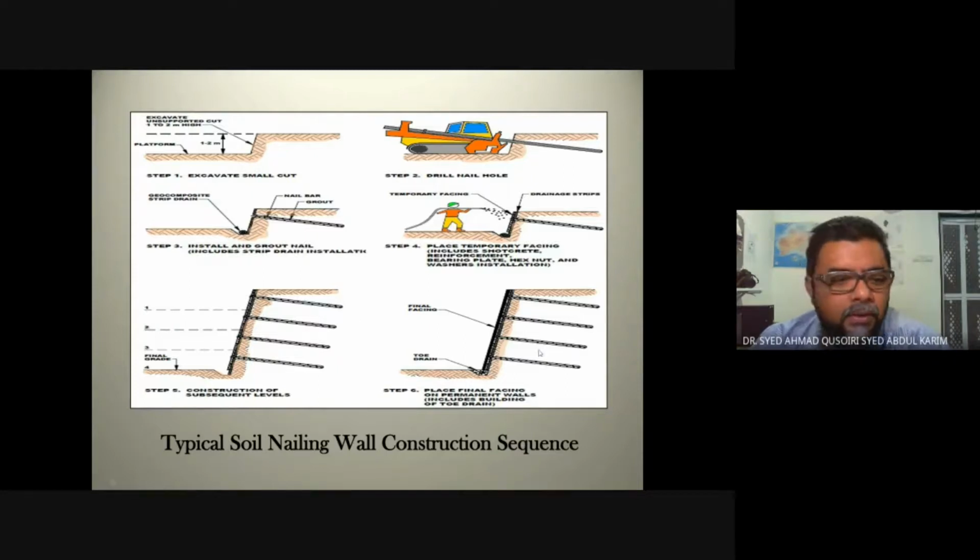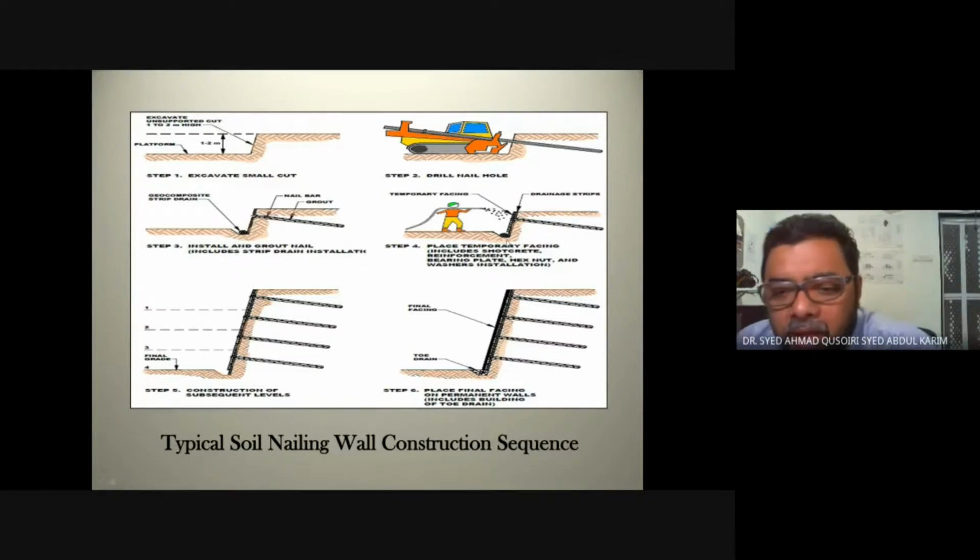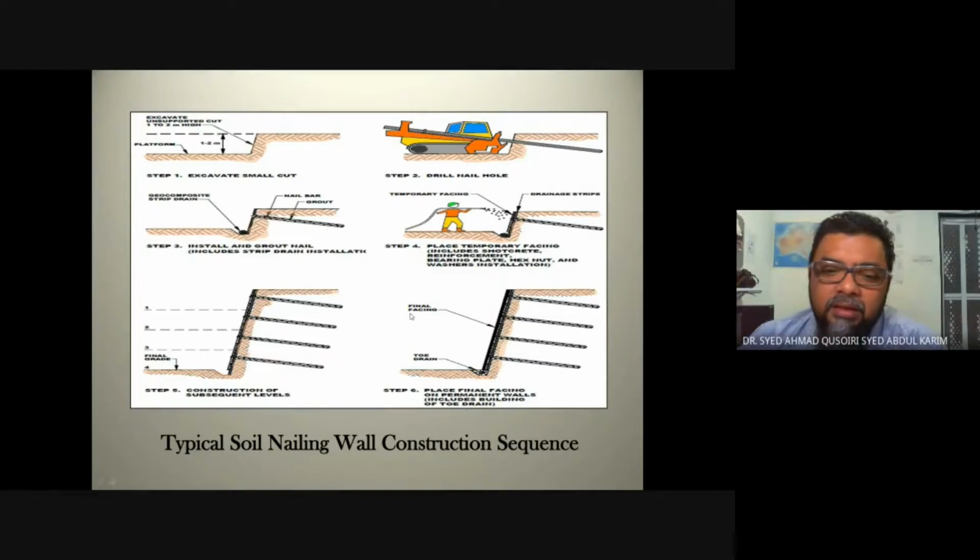So they have layers of facing for the wall. Most probably the shotcrete is just temporary, and then they will have a final facing, so they can put a layer of finishing materials to make it more presentable.